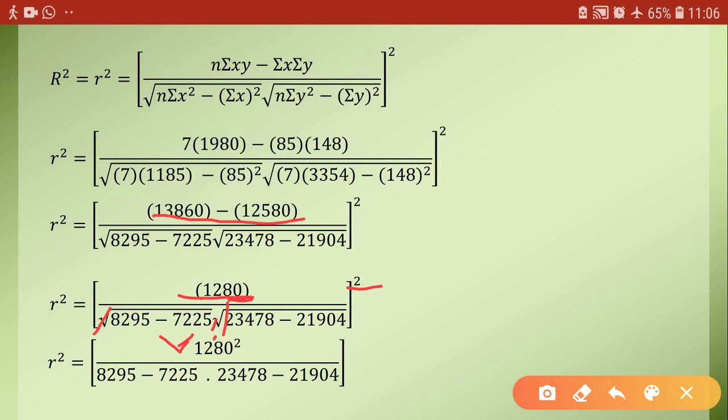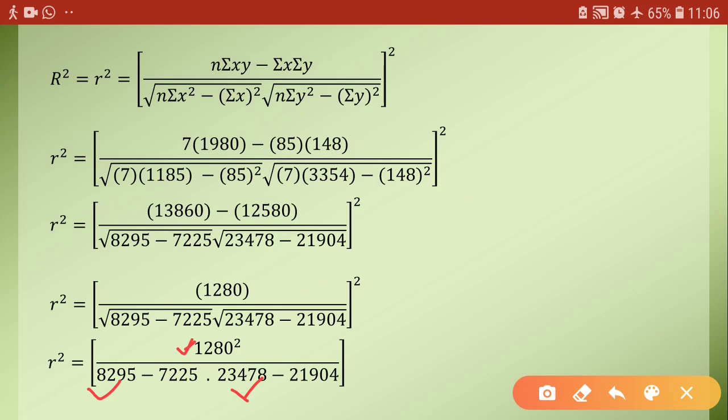Okay, so you can see the formula. It becomes like this: 1280 square upon 8295 minus 7225 into 23478 minus 21904. The root is replaced because the root's square is removed.